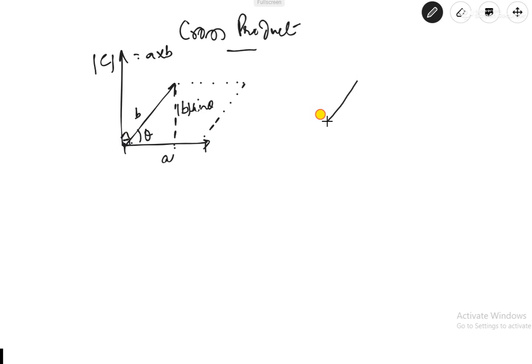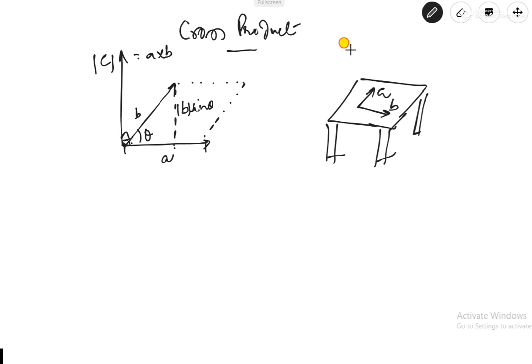Suppose there is a table like this, with two vectors A and B on the table. The C vector will be projecting out of the table, perpendicular to both, and its magnitude is equal to A cross B.